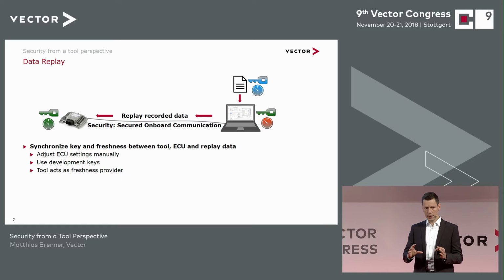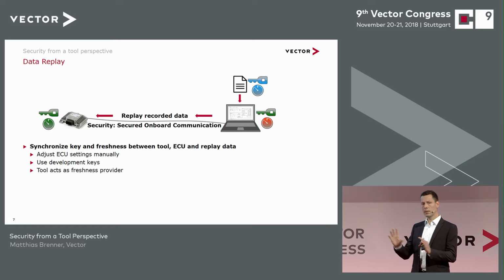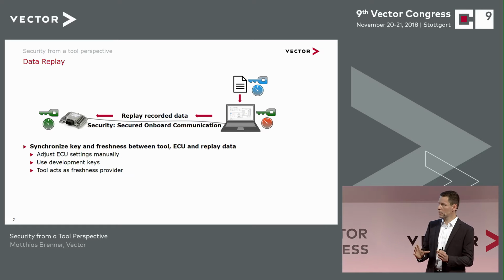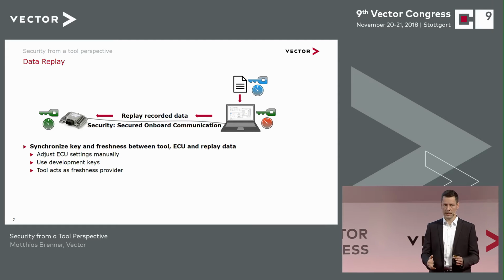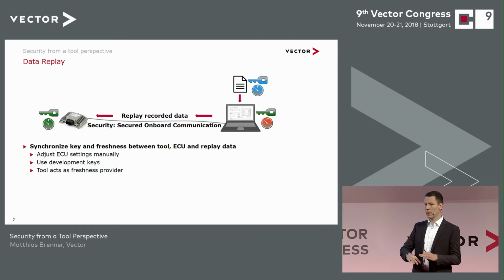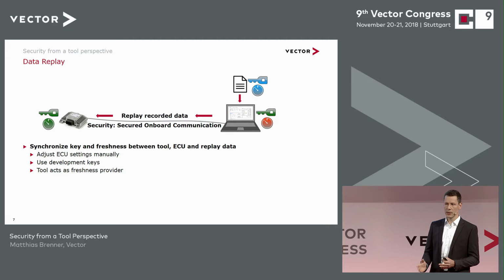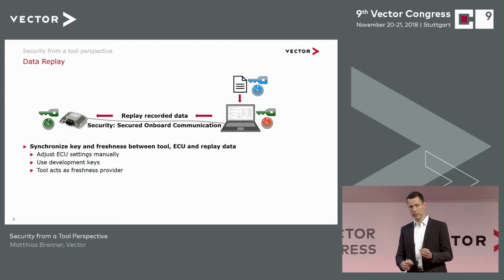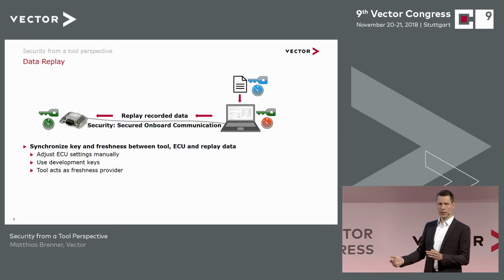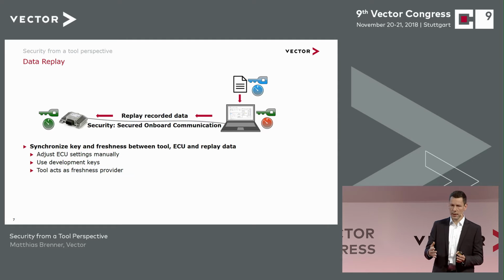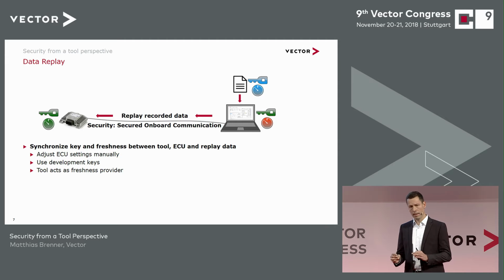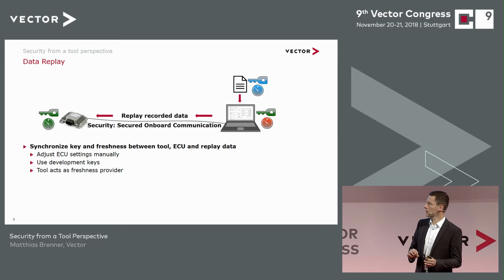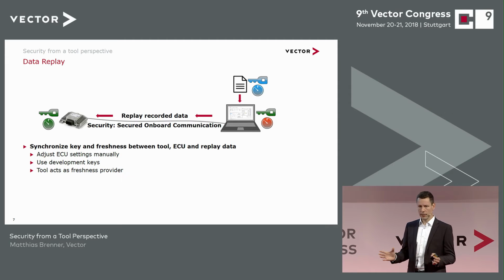Somehow, I have to make the ECU think that the key that was used to generate the MAC in the recorded data and the freshness contained in the recorded data fit together. Now, in the development phase of the ECU, I can say, well, ECU, I reset everything, I write a key into it, I stop with the debugger and change values at runtime.